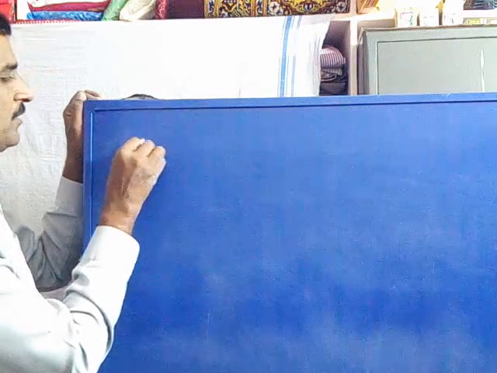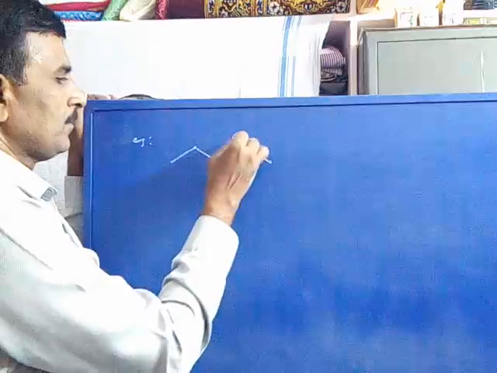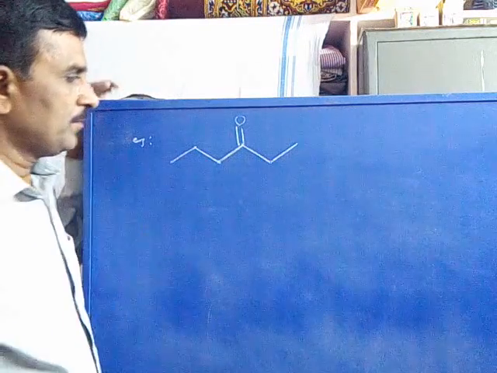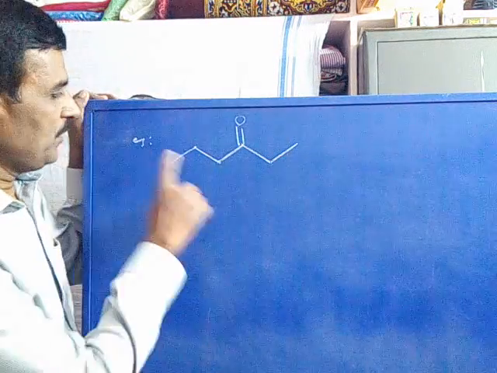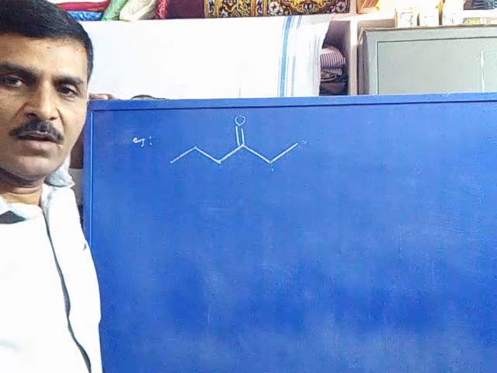Now we will discuss another example. Now this is the molecule, 1 2 3 4 5 6, 2-hexanone.